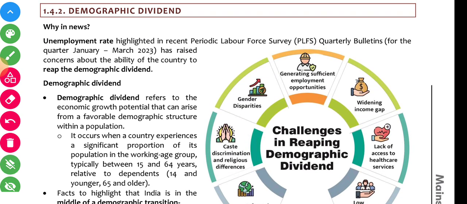Next is demographic dividend. The unemployment rate is highlighted in recent Periodic Labour Force Survey quarterly bulletins for the quarter January to March 2023, but it is not important because UPSC chooses the annual data, be it unemployment, demographic dividend, or skill development.